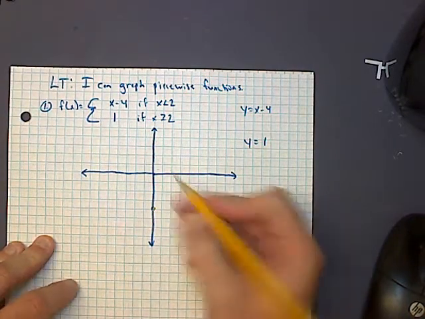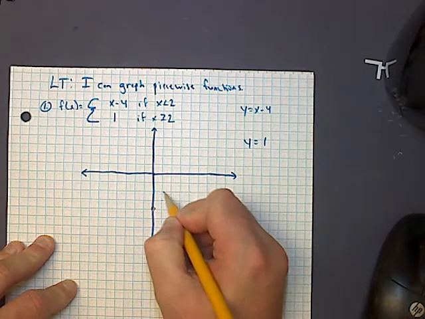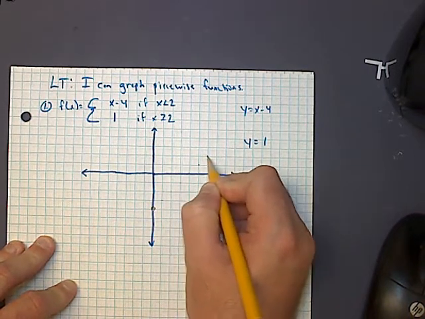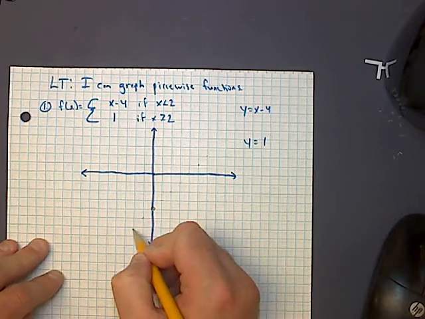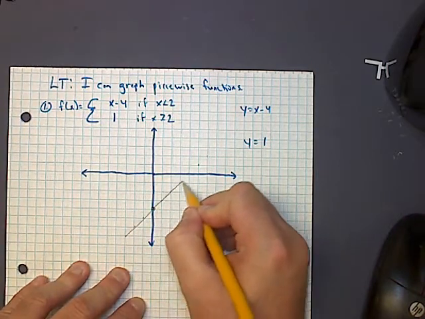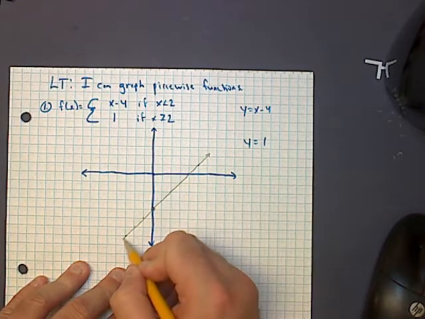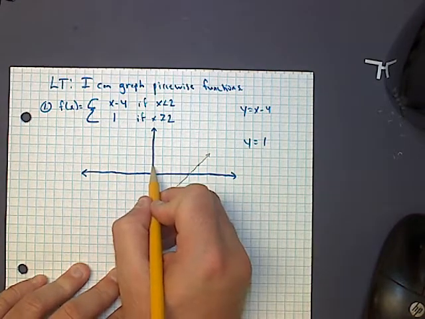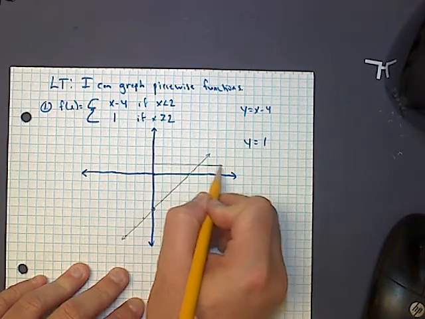My y-intercept. Go up 1 over 1. Up 1 over 1. Up 1 over 1. Make sure you get a healthy line. Then y equals 1, you would just go to the y-axis where it's 1 and draw a horizontal line.